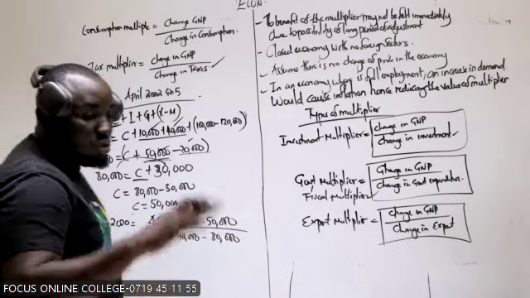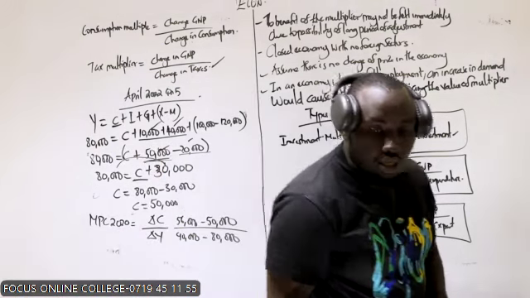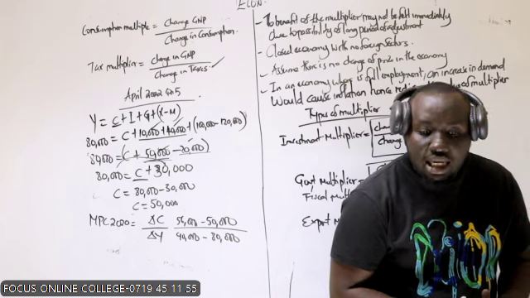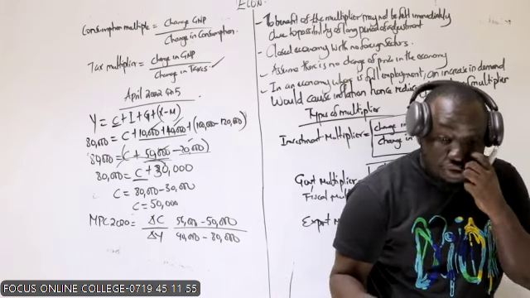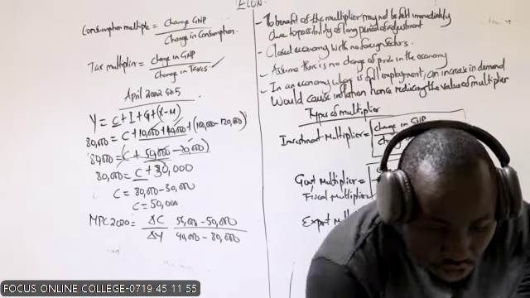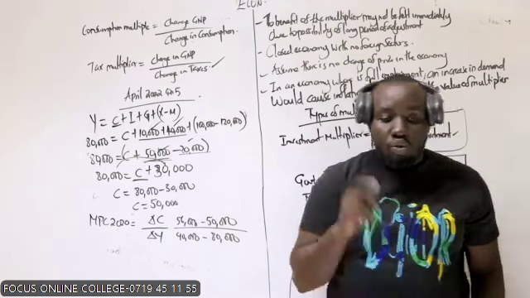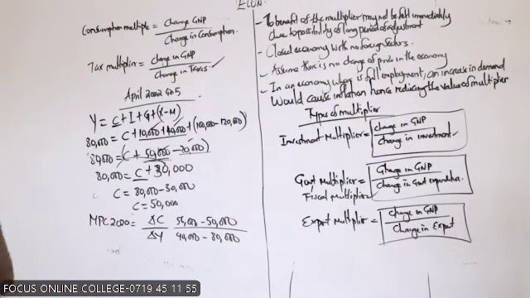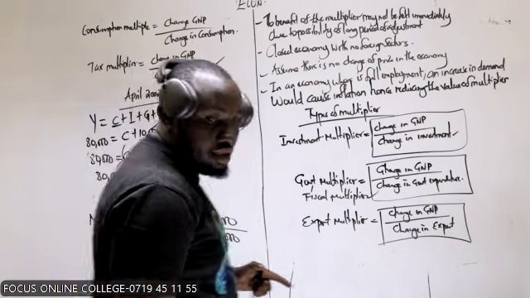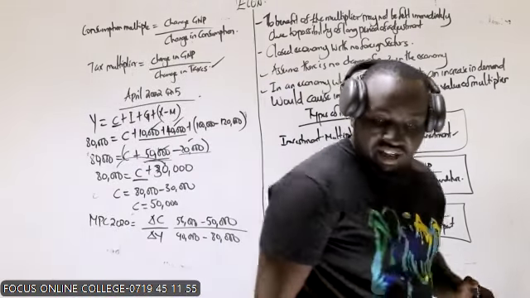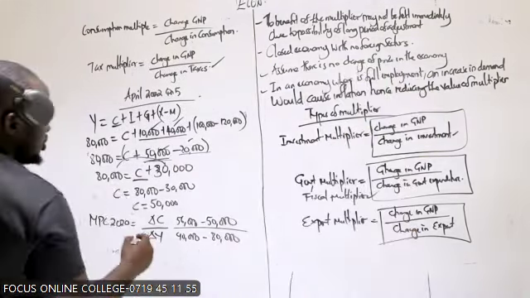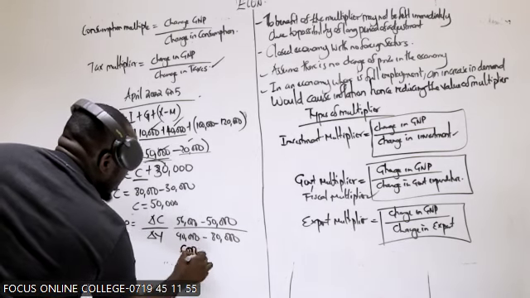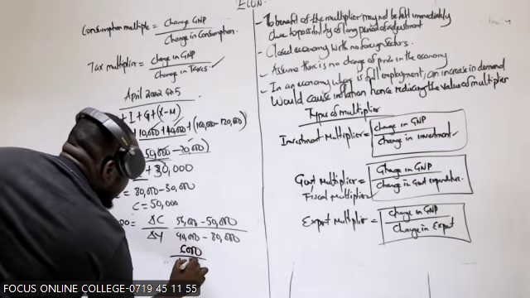These are figures. Are you able to see those figures? Perfect. So then I have 6,000 over 10,000.